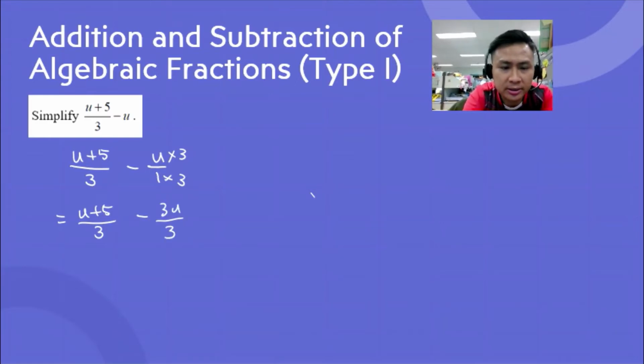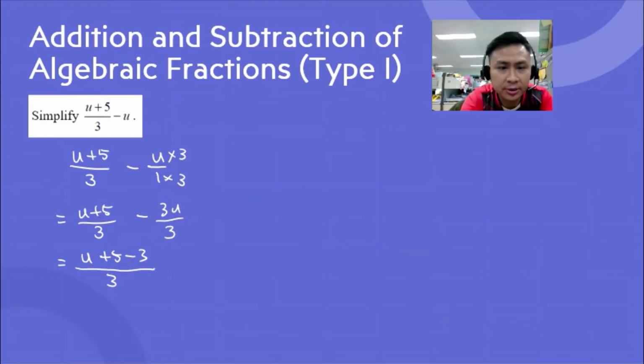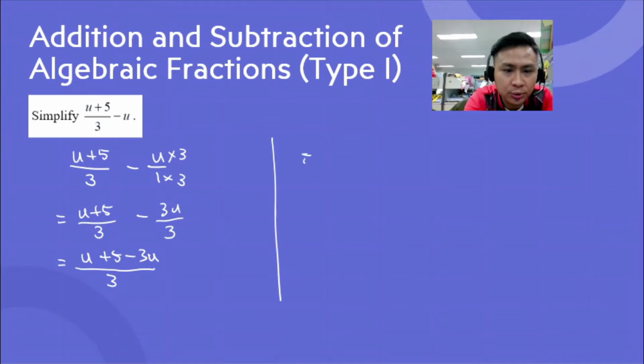Right, now the next step is to combine the fractions together. When you combine the fractions together, you can simply write it like this. So it will be u plus 5 minus 3u, the whole thing, over 3. Right? After that we can do a rearranging. So you get u minus 3u plus 5 over 3.